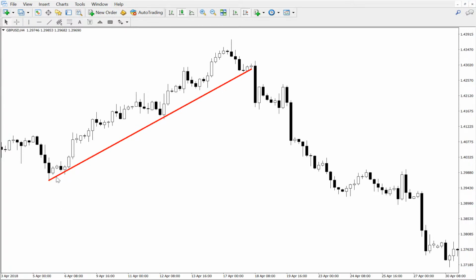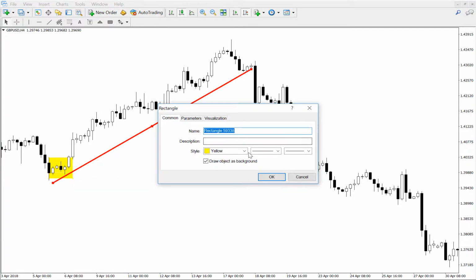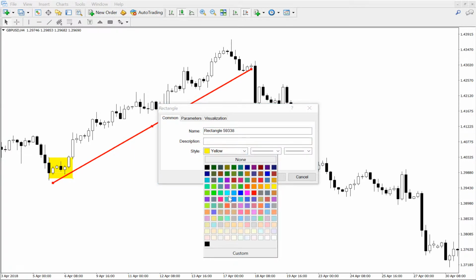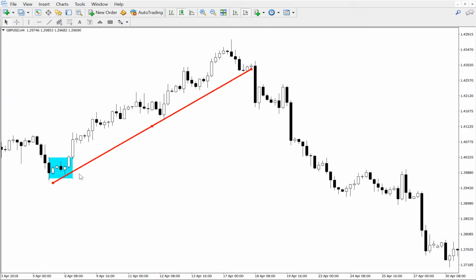first I just draw a trend line, and this is a swing low. Allow me to change the color to aqua. Yeah, aqua is good. This is a swing low, again this is a swing low, and we can assume that this is an uptrend.